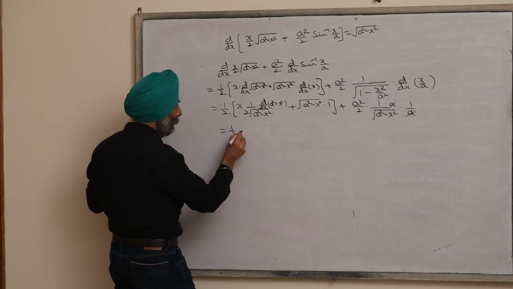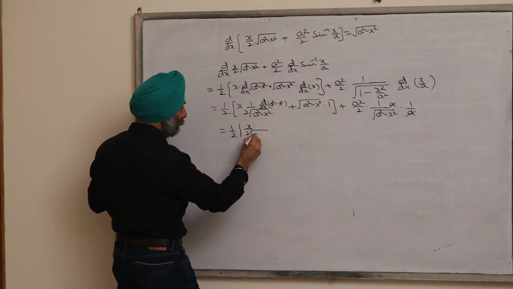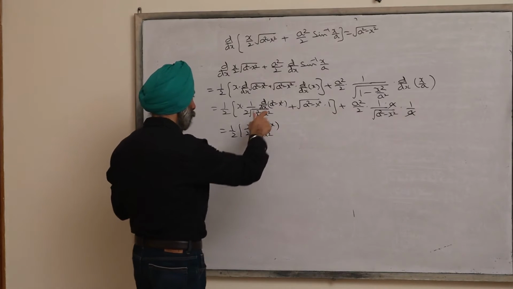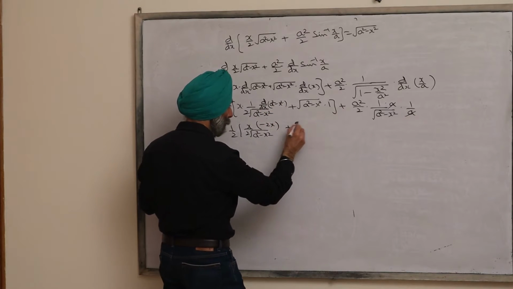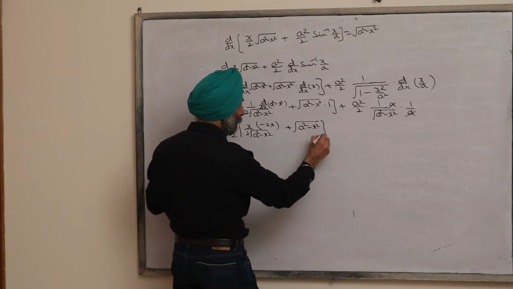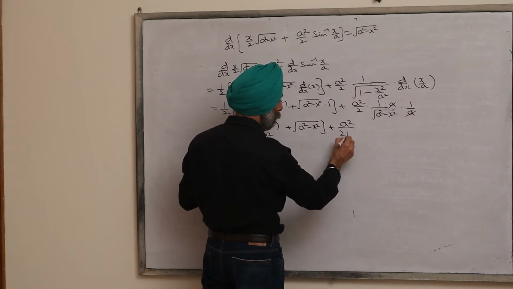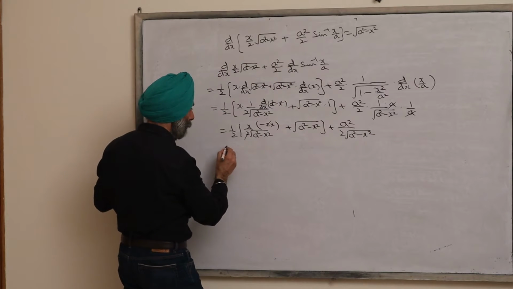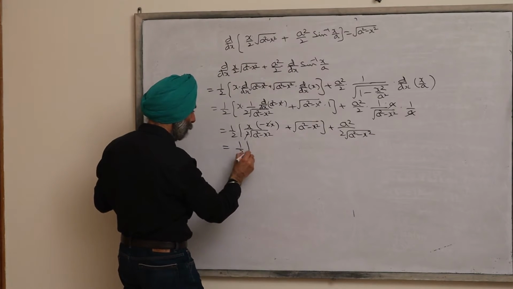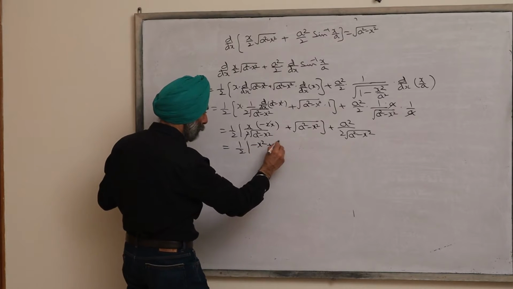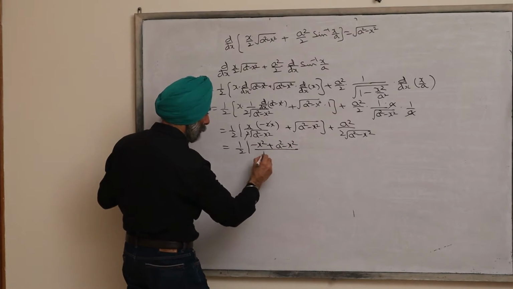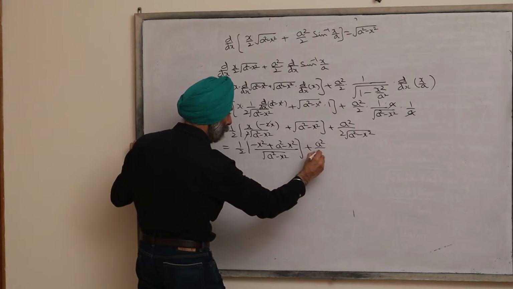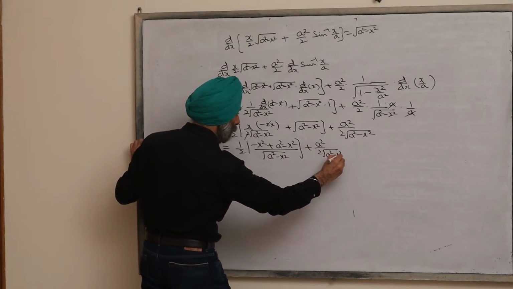So it is half of x over 2 times under root of a square minus x square into minus 2x, because differential of a square is 0, plus under root of a square minus x square, plus a square over 2 times under root of a square minus x square, this will cancel. So it is half of minus x square plus a square minus x square upon under root of a square minus x square plus a square over 2 times under root of a square minus x square.